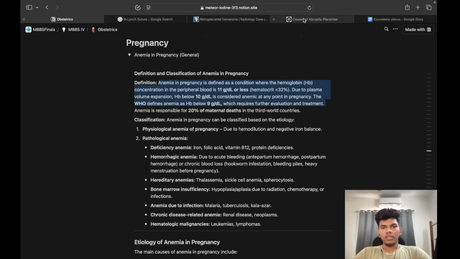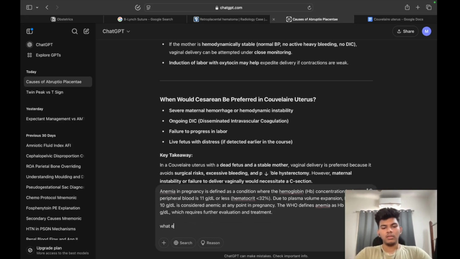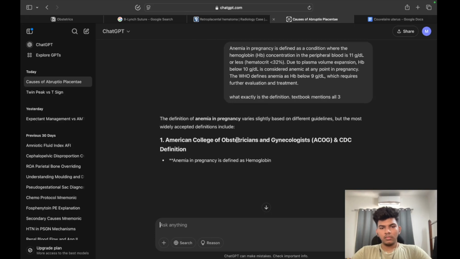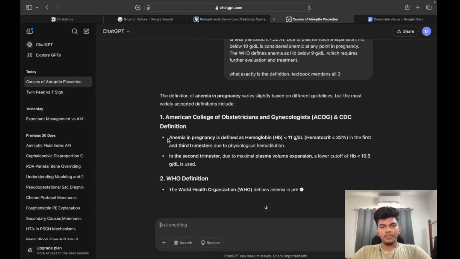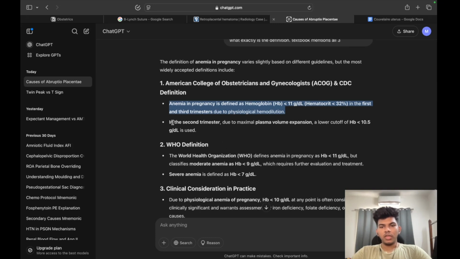So let's go over here. What exactly is the definition? The textbook mentions all three. Let's see. ACOG: less than 11 gram per deciliter in the first and third trimester due to physiological hemodilution.